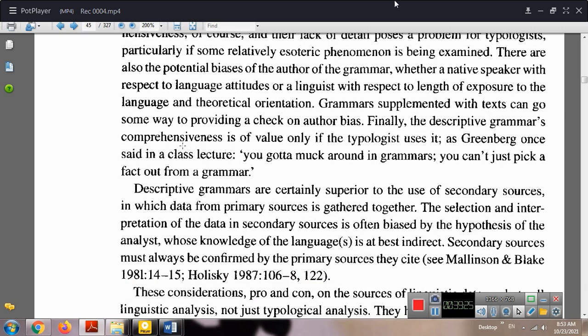Finally, the descriptive grammar's comprehensiveness is of value only if the typologist uses it. As Greenberg once said in a class lecture, you gotta muck around in grammars. You can't just pick a fact out from the grammar.